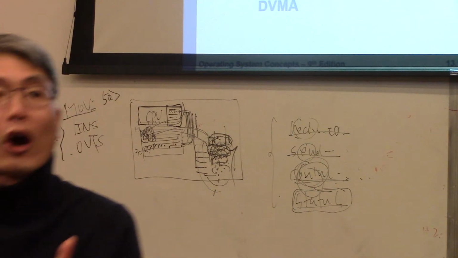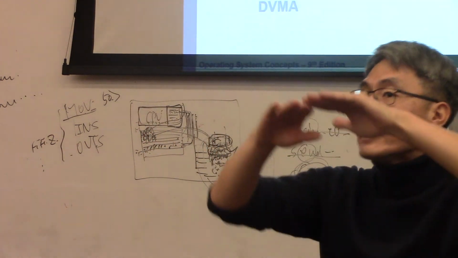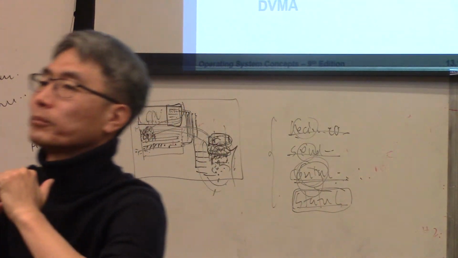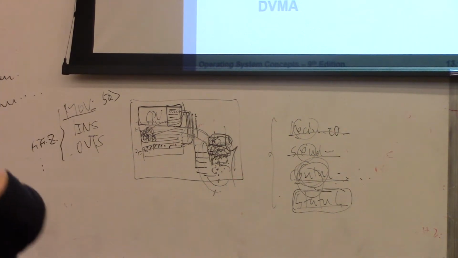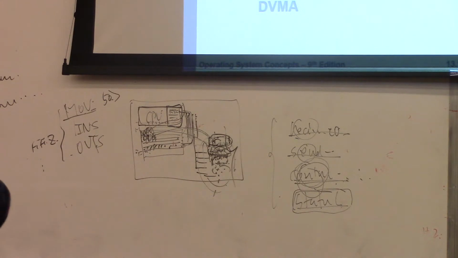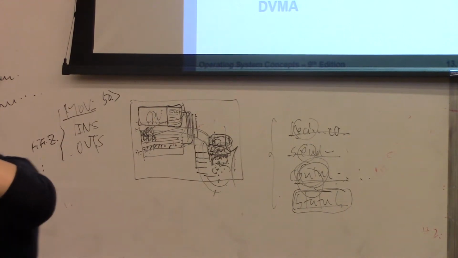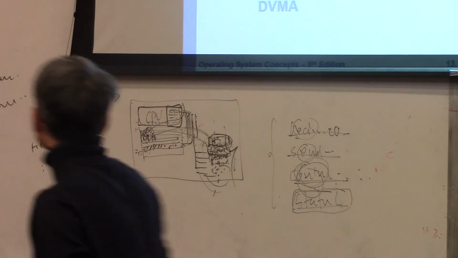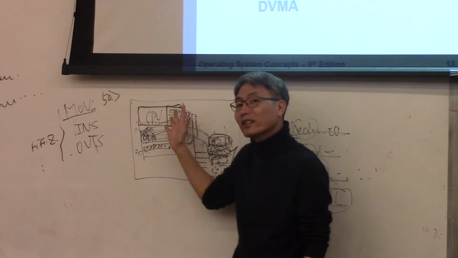The hard disk drive controller, hardware, receives that. Then inside the hard disk drive controller, if there are a lot of requests, we have seen how to schedule the I/O last time. Then it reads. Meanwhile, the CPU cannot do anything, just wait.